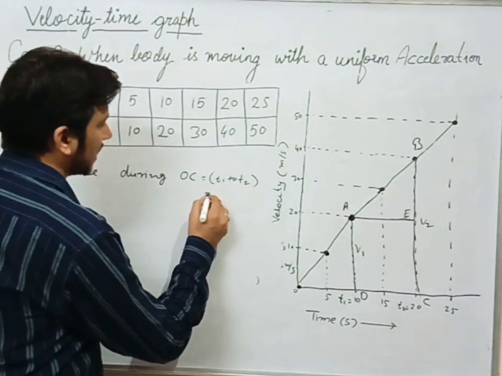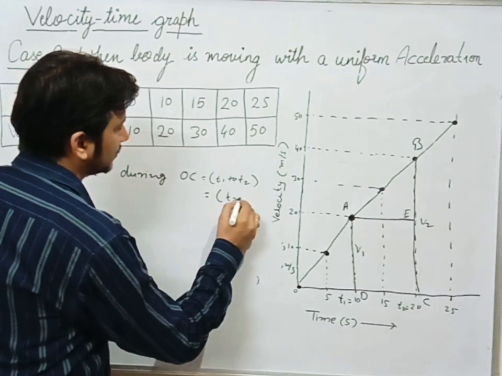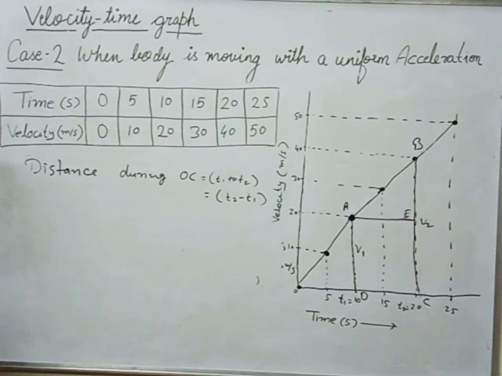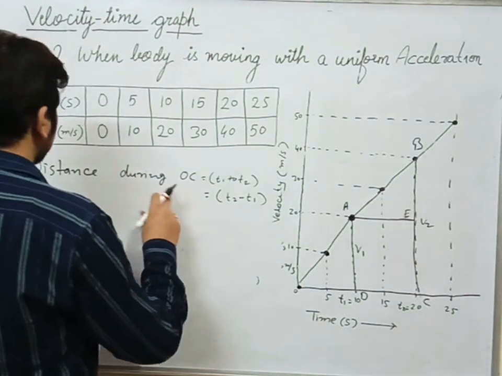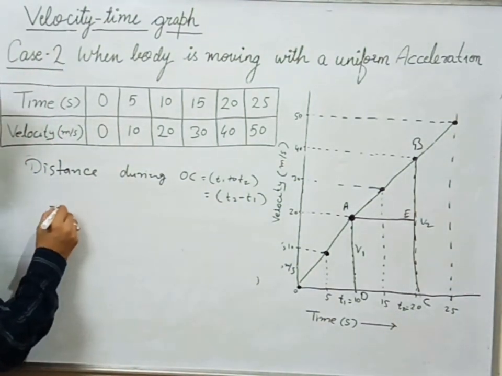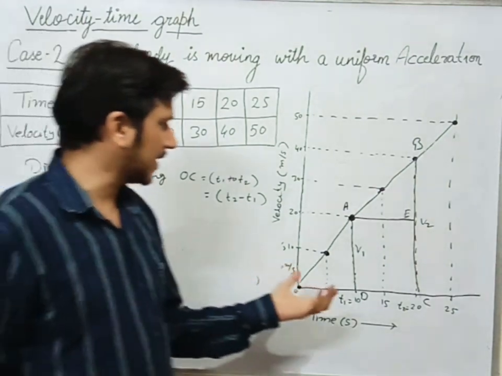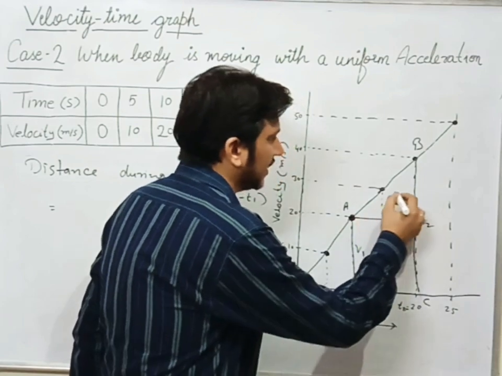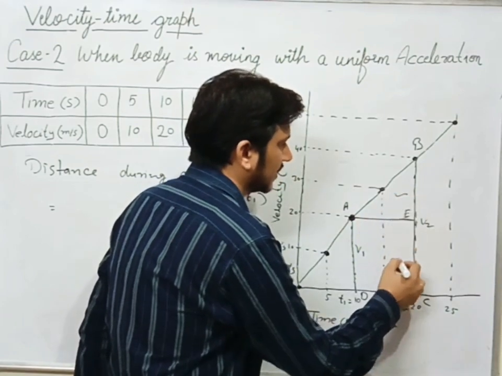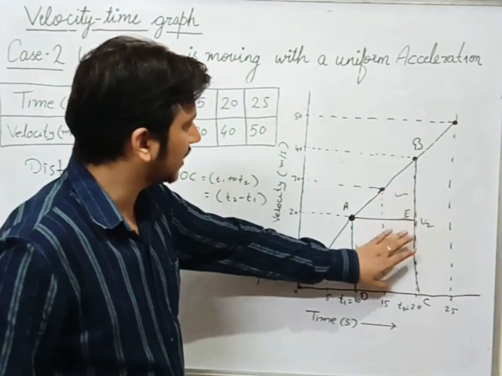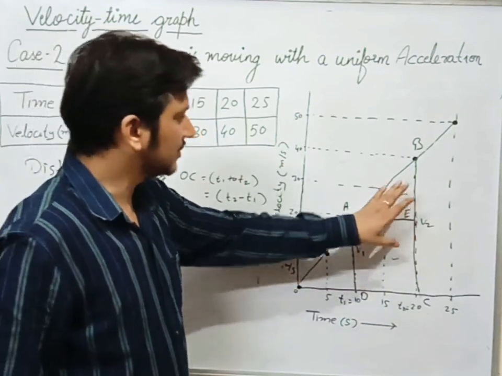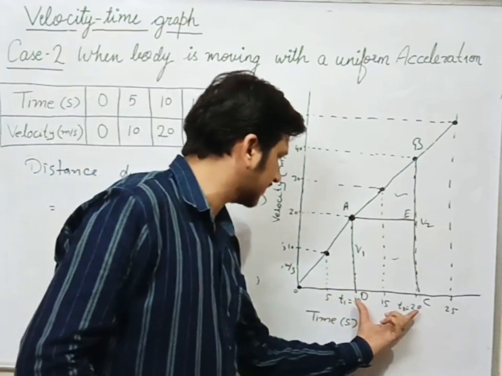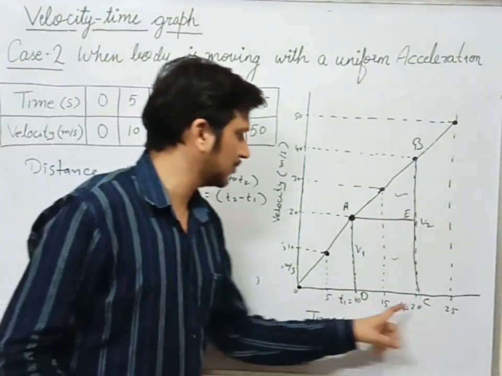You can also say T2 minus T1. For the distance we have to find the area of this rectangle and the area of this triangle, and add both areas. In this way we get the distance of the object during this interval of time OC.